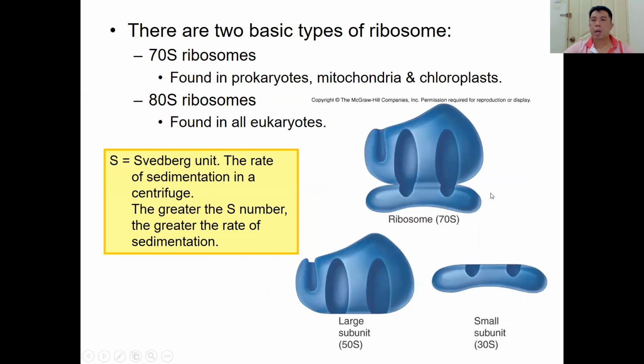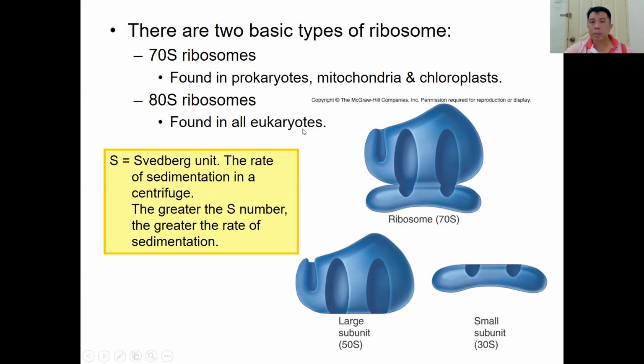There are two basic types of ribosomes. One is the 70S ribosome, which is found in prokaryotes, mitochondria, and chloroplasts. The other one is the 80S ribosome, which is found in all eukaryotes.